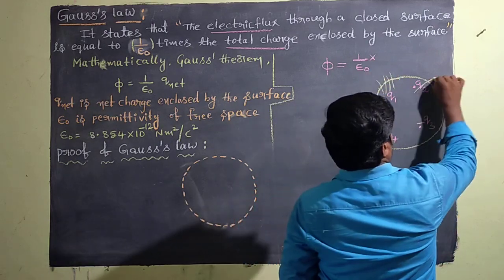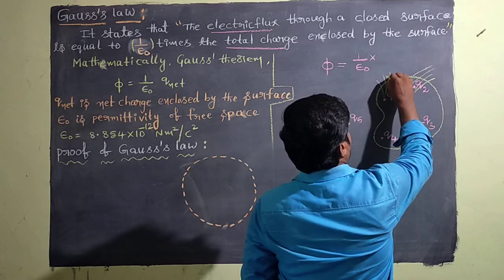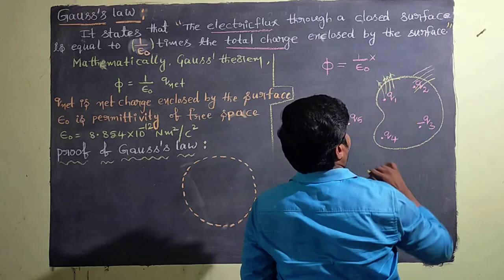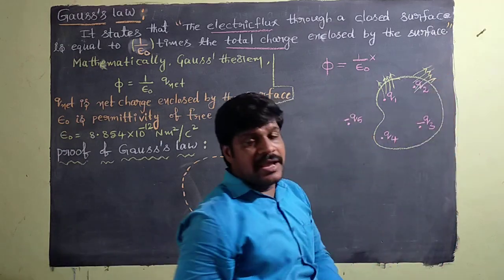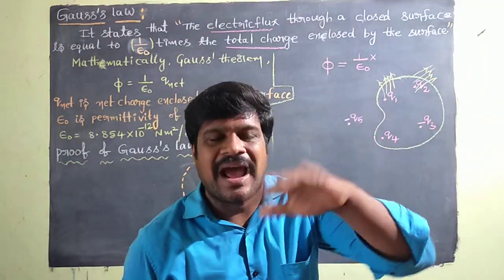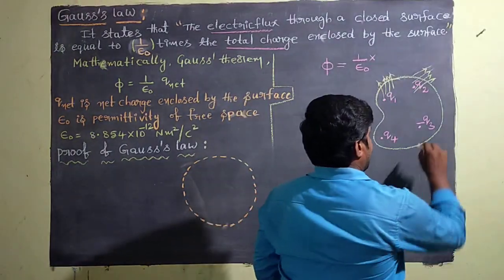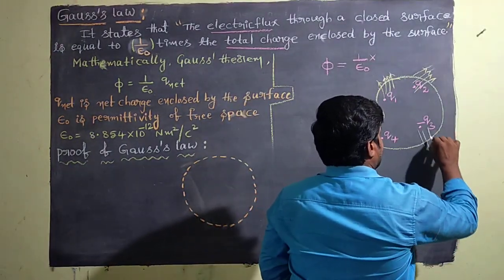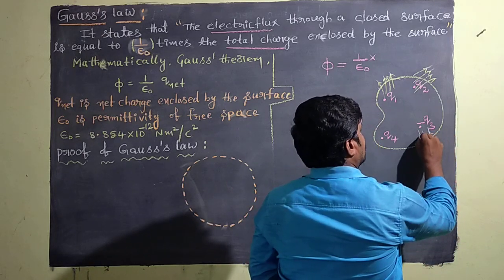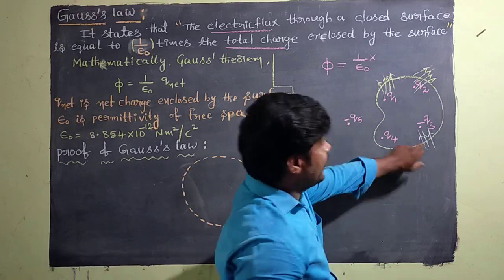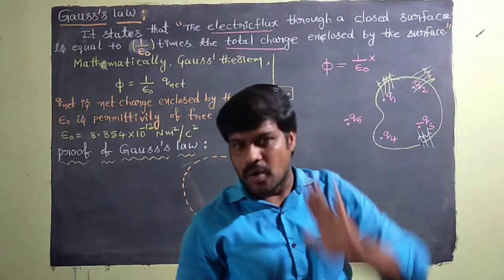From a positive charge, the electric field lines go outward, in the away direction. For a negative charge, the electric field lines go inward, toward the charge.